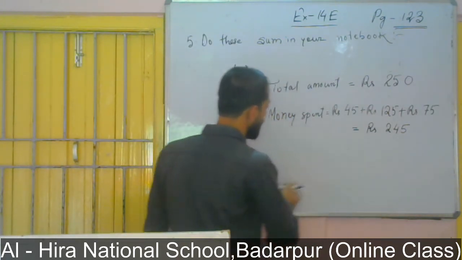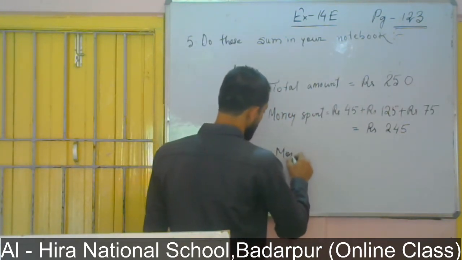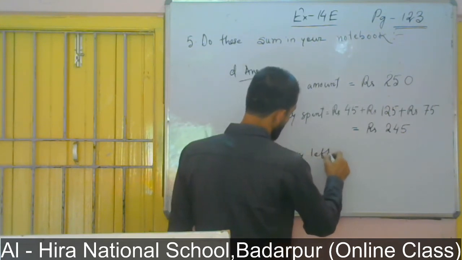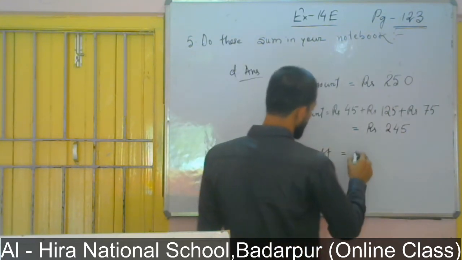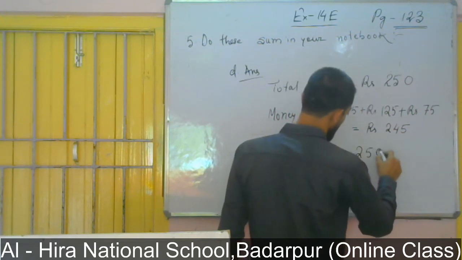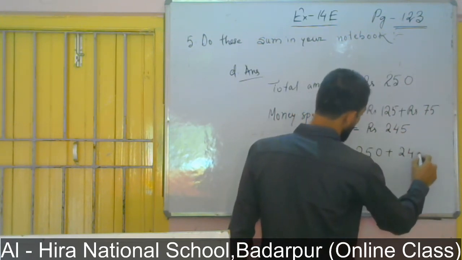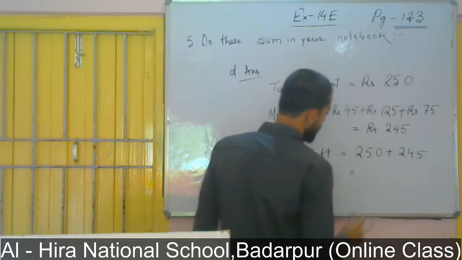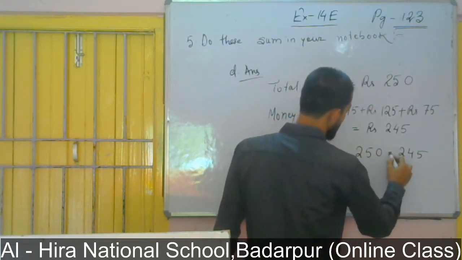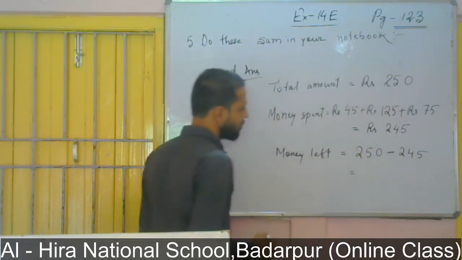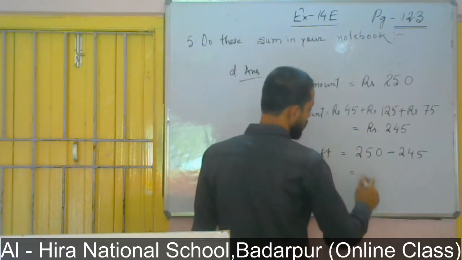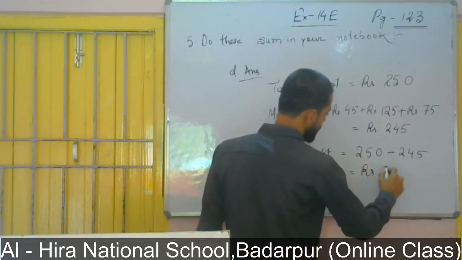So you can write money left equals 250 minus 245. So if we subtract 245 from 250, we will get what? Rupees 5.